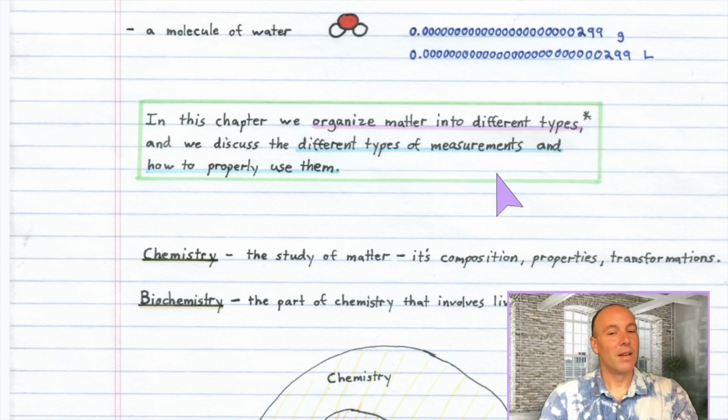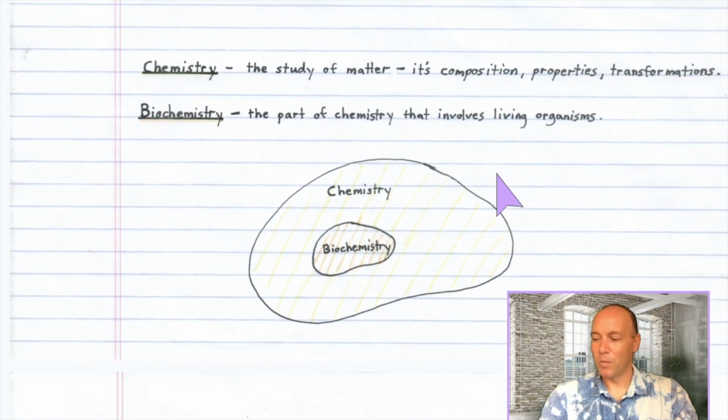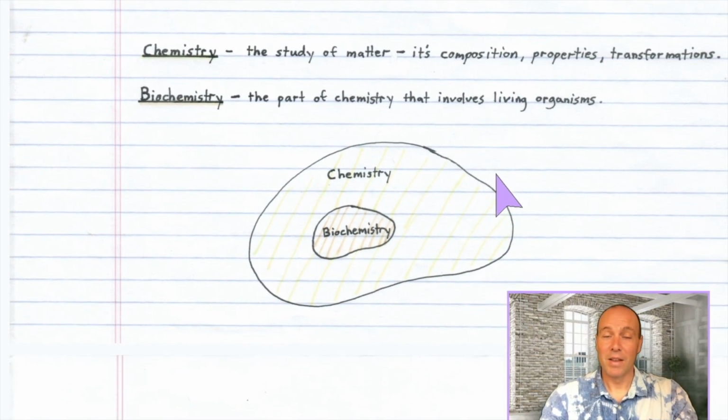Before we get to that, and before we get much further, we might as well go ahead and define what chemistry and biochemistry are. Chemistry is defined as the study of matter, its composition, properties, and transformations.